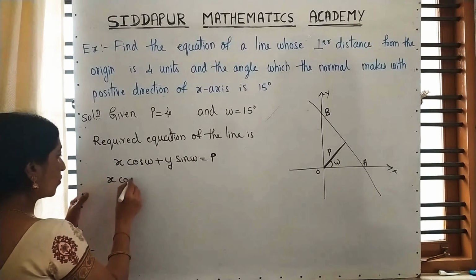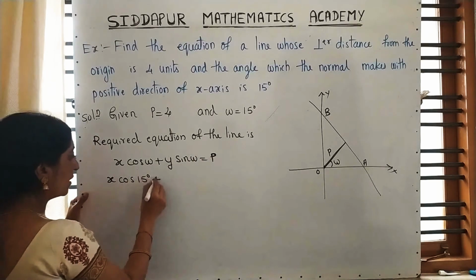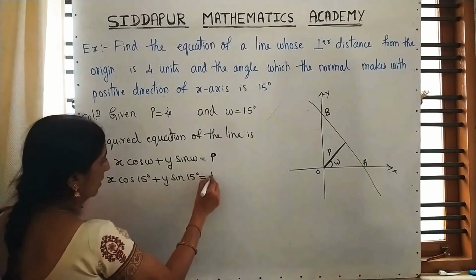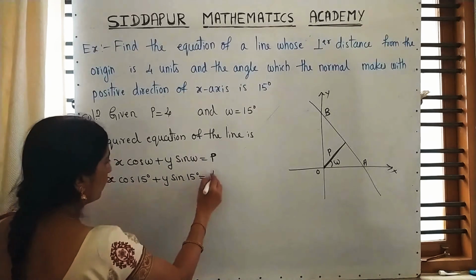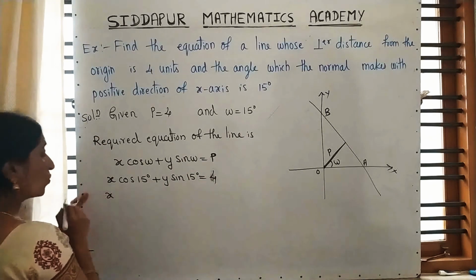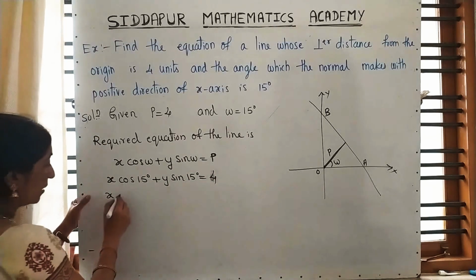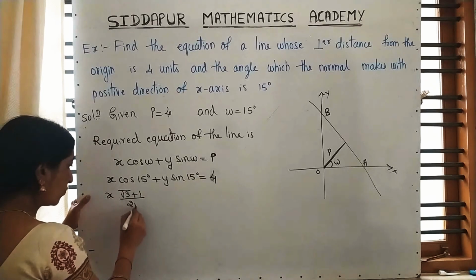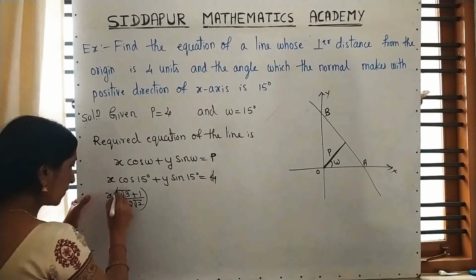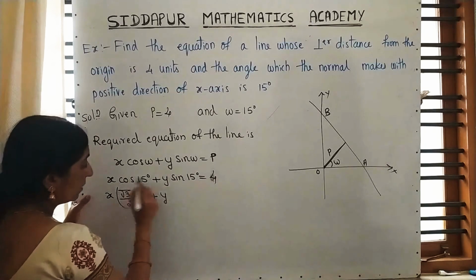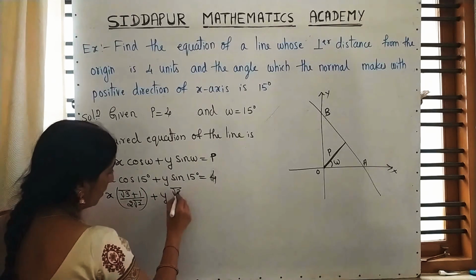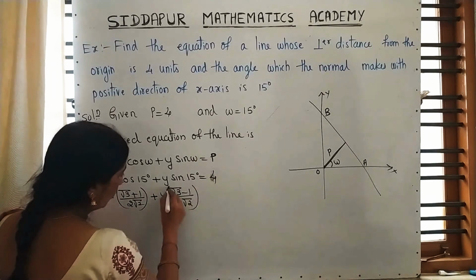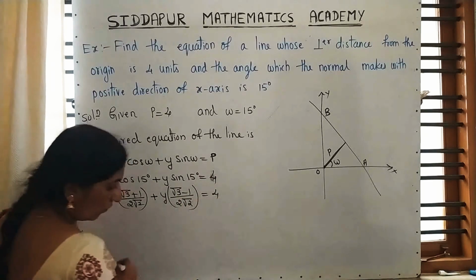x into cos 15 degree plus y into sin 15 degree is equal to p, which is 4. x into cos 15 degree, which is root 3 plus 1 upon 2 root 2, plus y sin 15 degree, which is root 3 minus 1 upon 2 root 2, is equal to 4.